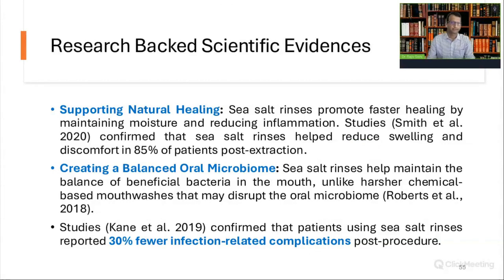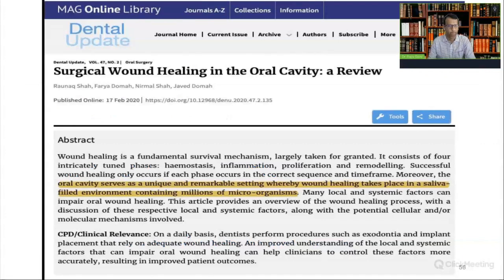It's always backed by science. There are studies done by different authors around the world that show how it is important in creating a balanced oral microbiome and supports natural healing. There are different studies that mention how the oral cavity plays a significant role because, as we discussed, there is a microbiome, and it is very necessary to maintain good bacteria.